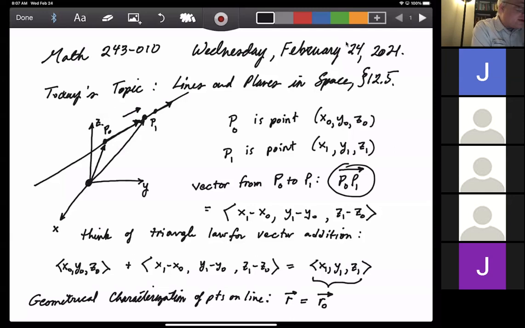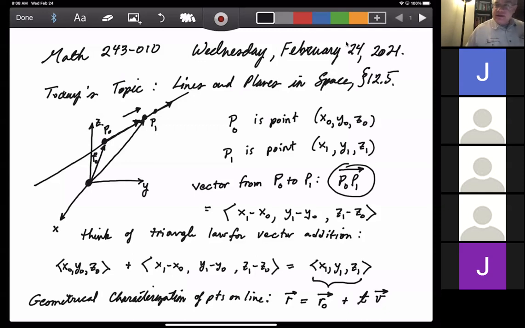We could think of R sub 0 as this vector that gets us onto our point P0 on the line, plus some arbitrary multiple of a vector V that is parallel to the line, that gives us a direction to the line. Okay, so that is our vector equation for the line.